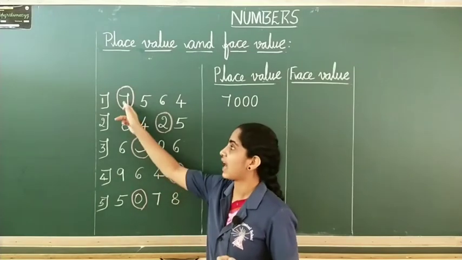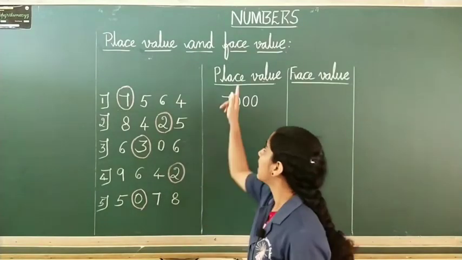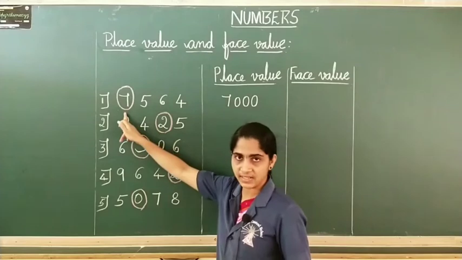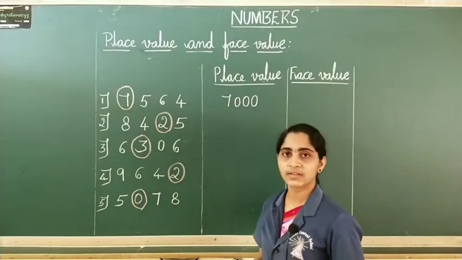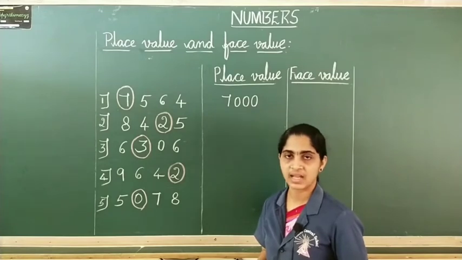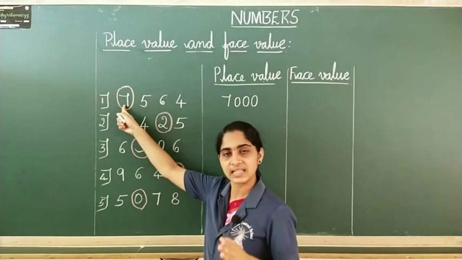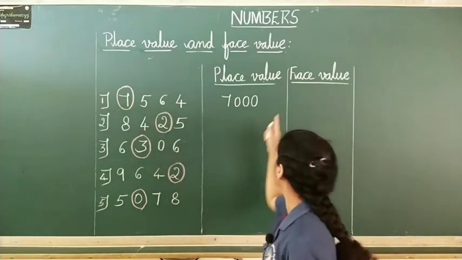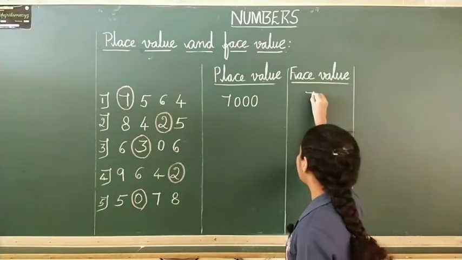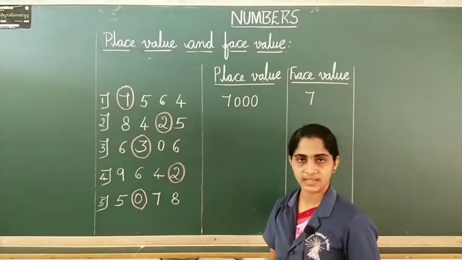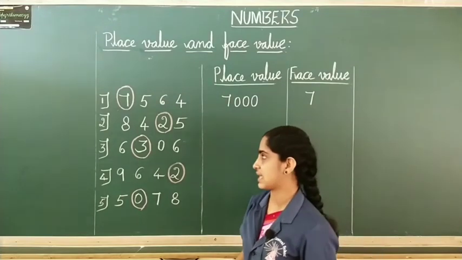That means we have here 7,000. That's the reason place value of this 7 is 7,000. Now what about the face value? As I told, that digit itself is its value. So face value of 7 is 7 itself. Is it clear?